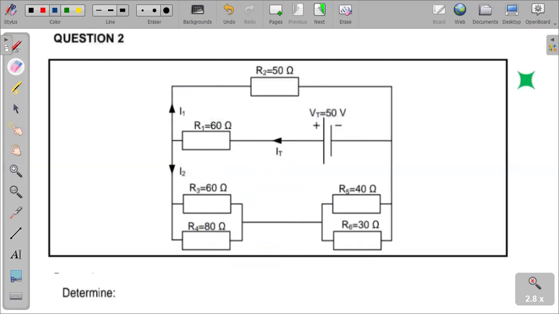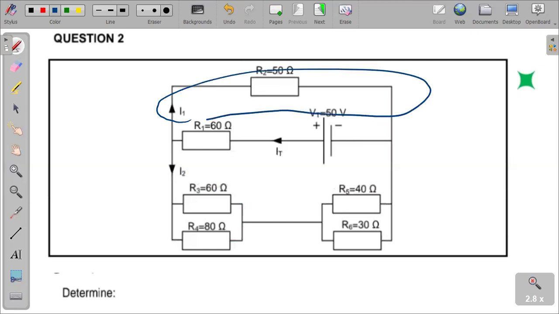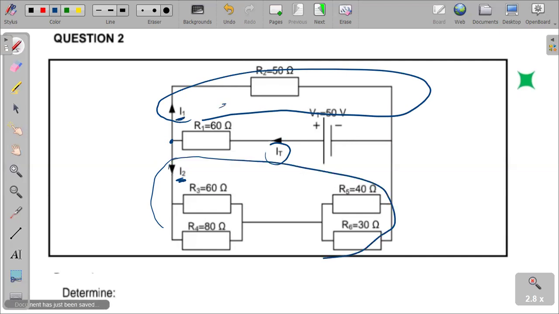It's very important. This whole branch, this side, I1: we have agreed that the total current IT has been divided at this junction, or node, into I1 and I2. It definitely means that these resistors on top are parallel to these resistors below.